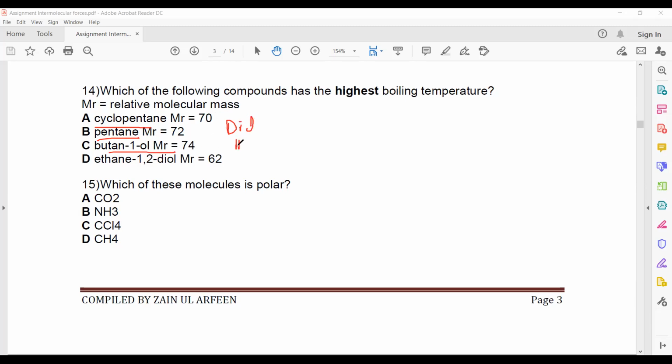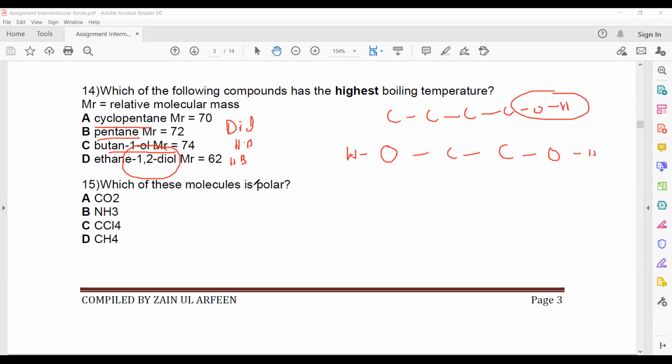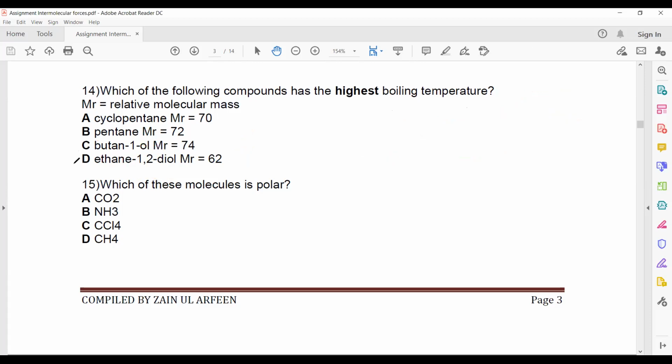Butanol will have hydrogen bond. Ethane-1,2-diol also hydrogen bond. But how many hydrogen bonds? Because 1,2-diol means there are two OH groups attached, and butan-1-ol means only one OH group is attached. So which one do you think will have the highest boiling point? D is the right answer because it will have two hydrogen bonds.